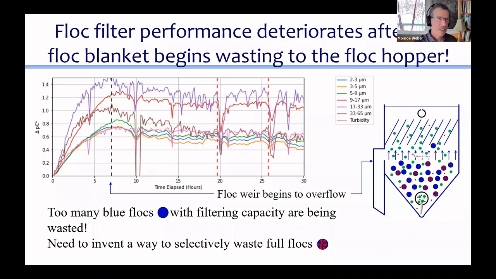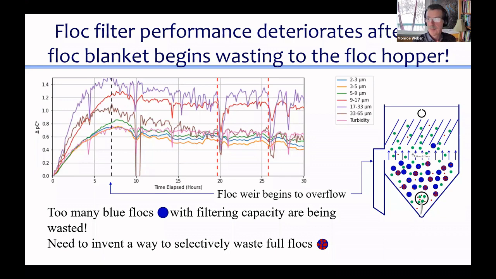So I have a confession to make. I'm in the process of changing language about how we talk about this stuff. And I have just concluded that we should talk about these as flock filters rather than flock blankets. And I'm chuckling inside because one of the flock blankets leaked through onto this slide.